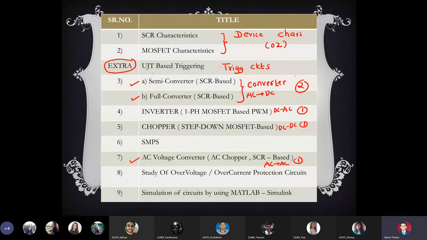So basically we have 5 performance experiments, 2 device characteristics, 1 triggering circuits, and we have one more performance, that is SMPS. So totally we have 1 plus 1, 2, 2 plus 1, 3, 3 plus 1, 4, 4 plus 2, 6, 6 plus 1, 7, plus 2, 9. So 9 performance experiments are there. This is a study experiment and this is simulation. This is purely on the tool. Okay, fine.